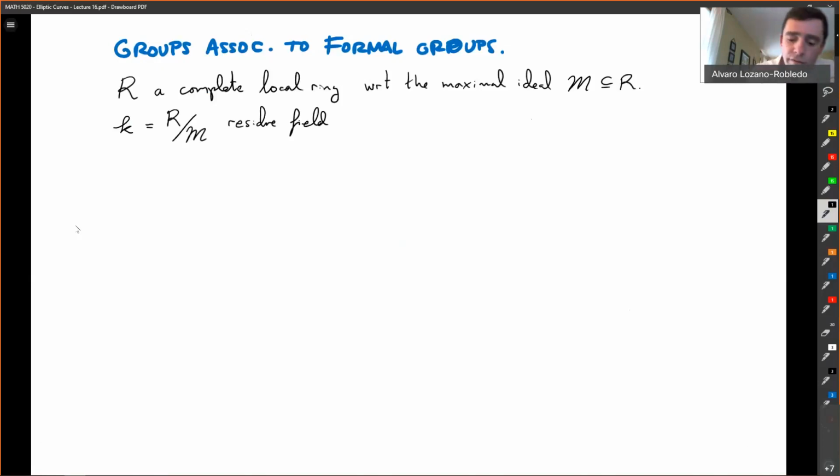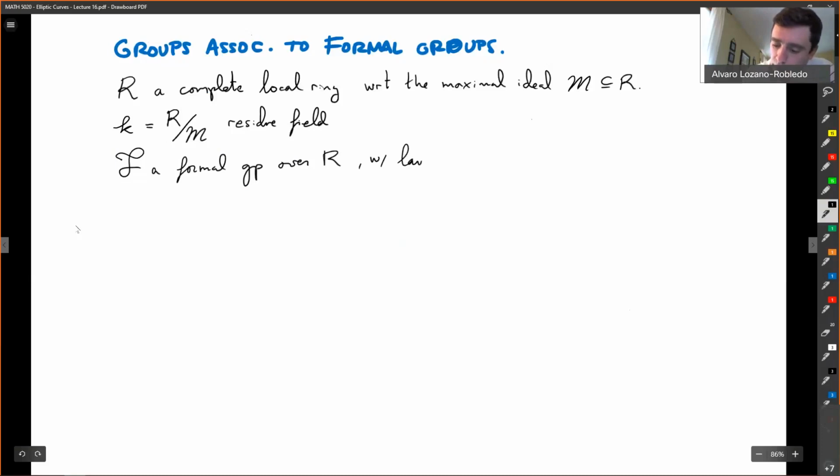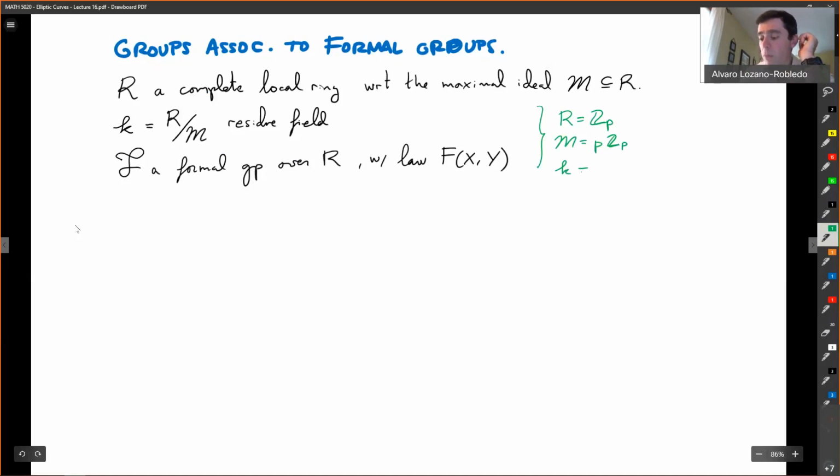And F is going to be a formal group over R with law capital F of X, Y. Throughout, you can think of R to be Z_p, M to be pZ_p, then the residue field is Z_p modulo pZ_p, which is isomorphic to Z mod pZ, or F_p.